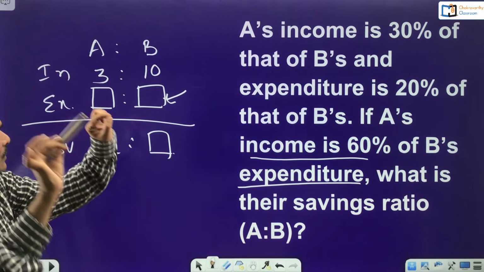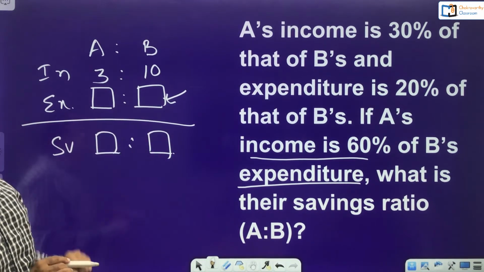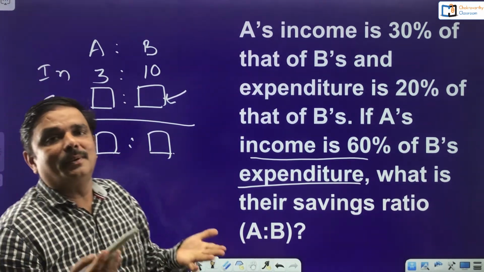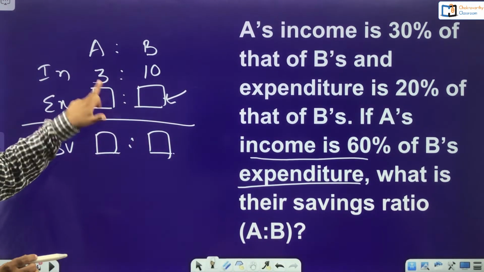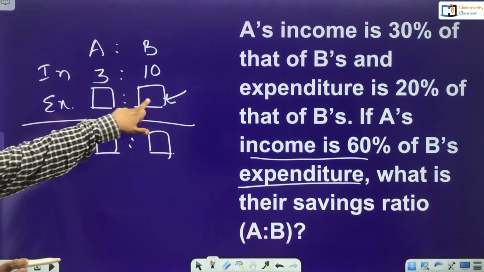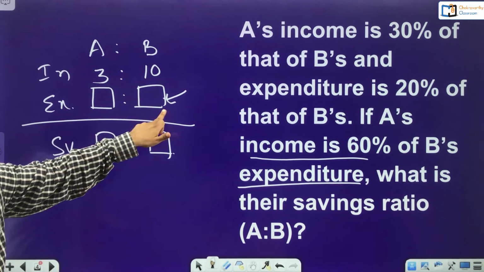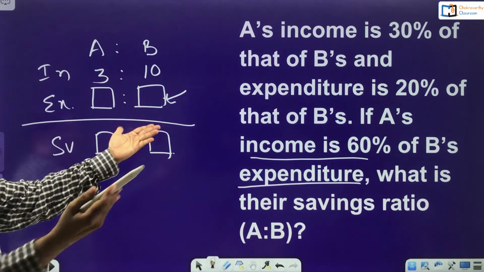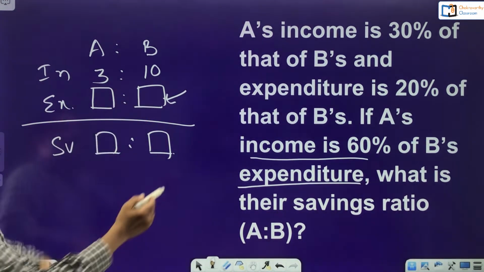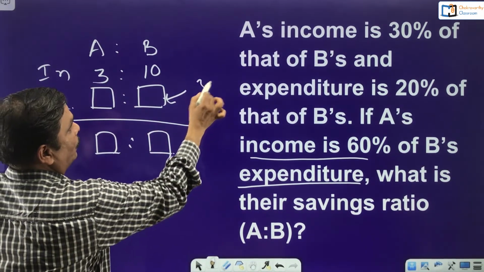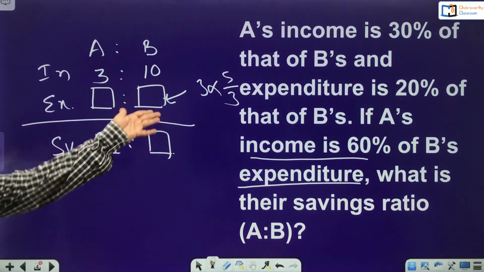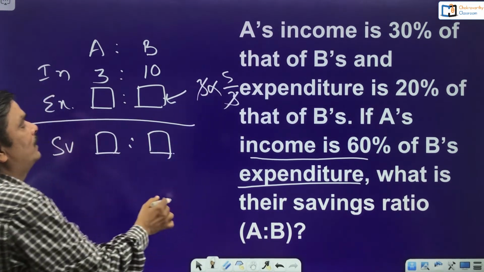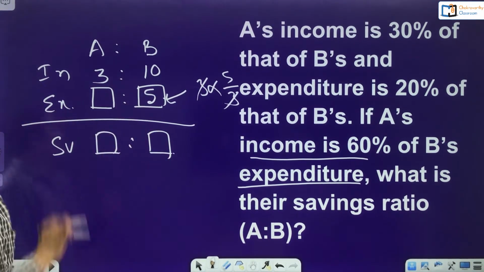This is 60% of this one. 60%, you know, is 3 by 5. So, this figure is 3 by 5th of this one. So, 3 by 5th of this one means, what is the total one? Simply that is this figure into 3 by 5, reciprocal of that. Isn't it? We discussed in the basic classes. So, this figure is 5.